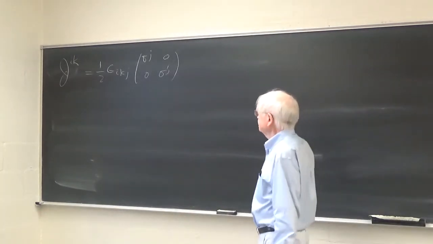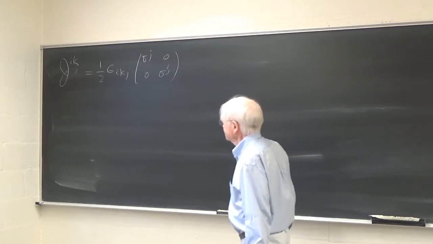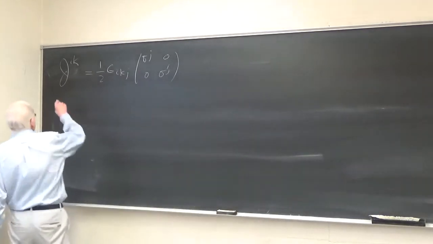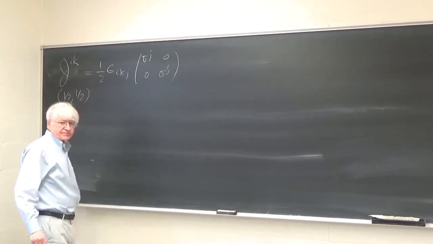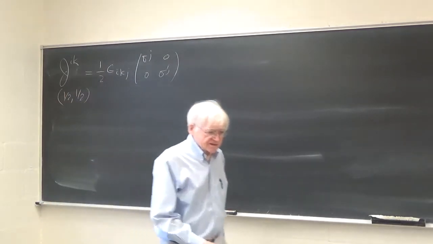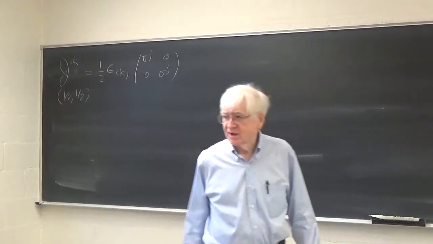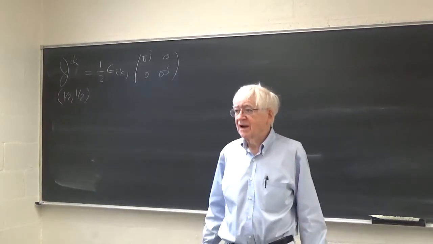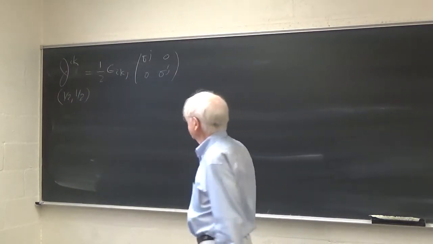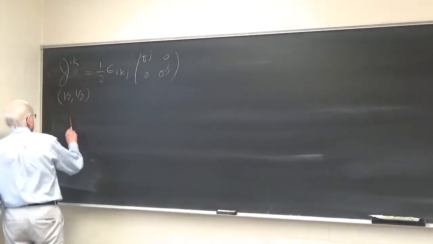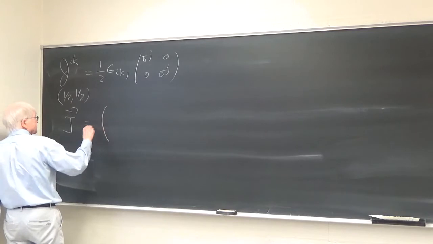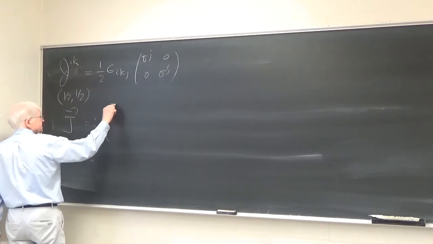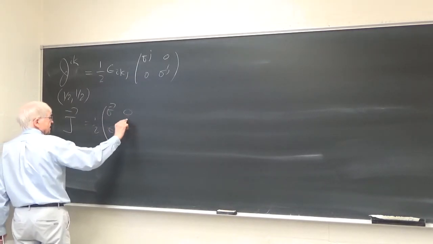It's what's called the one-half representation. So that's two block diagonal 2x2 representations. In other words, the J matrices for this representation are simply 1/2 sigma 0, 0 sigma.